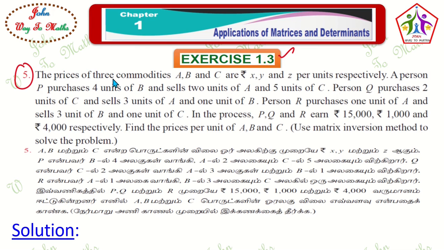So question number 5. The prices of three commodities A, B, C are X, Y, Z per unit respectively. A person P purchases 4 units of B and sells 2 units of A and 5 units of C. Then person Q purchases 2 units of C and sells 3 units of A and 1 unit of B. Then person R purchases 1 unit of A and sells 3 units of B and 1 unit of C. In the process, P, Q, R earn the amounts 15,000, 1,000 and 4,000 respectively.